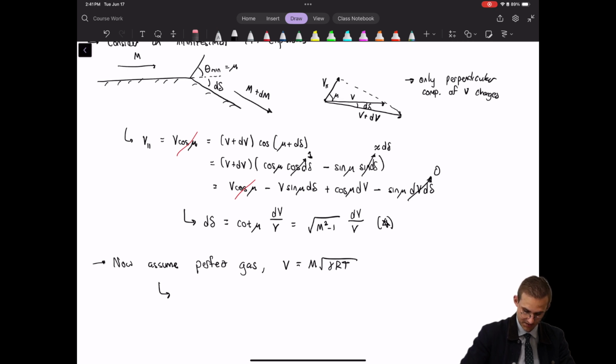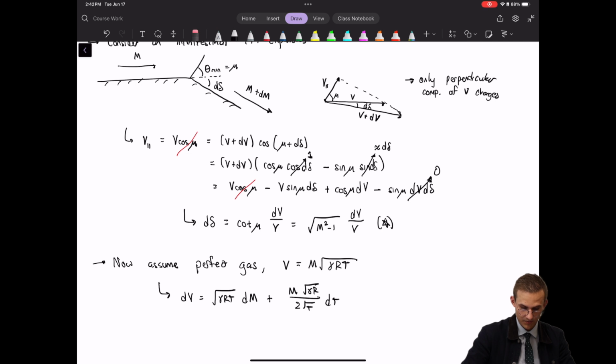And in that case, dv is equal to the square root of gamma RT times dM plus M times the square root of gamma R over 2 root T dT. So taking the total differential of that v equals M times the square root of gamma RT.